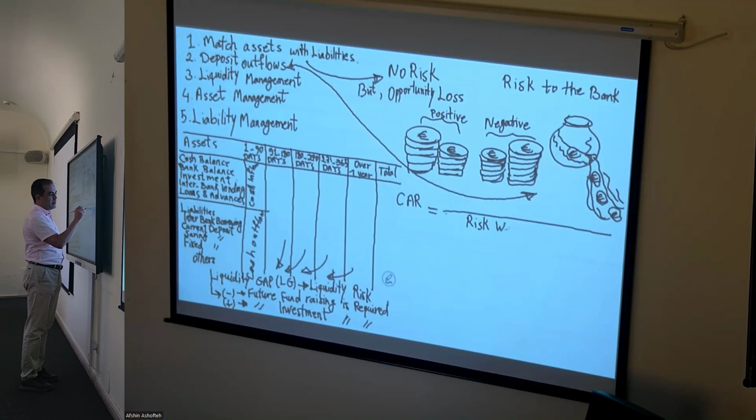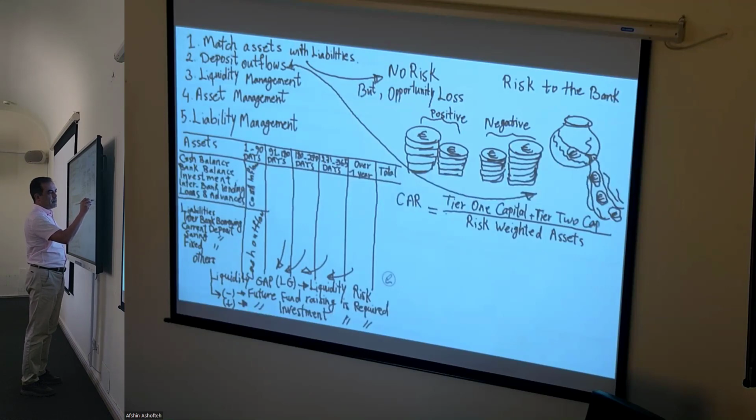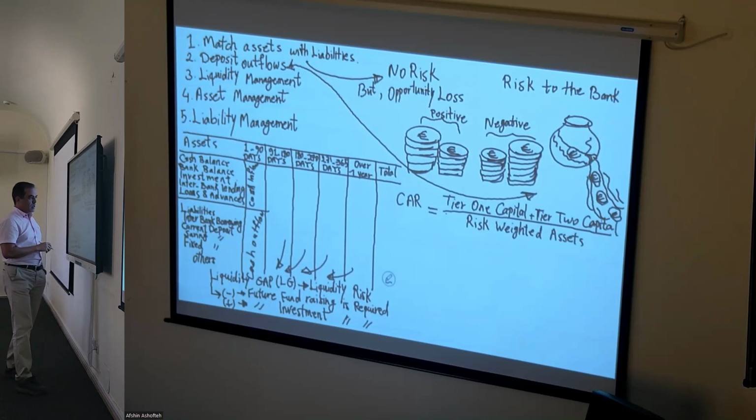So the risk weighted assets, we must have enough capital plus tier 2 capital, so the capital that we have in the balance sheet should be able to cover the risk that might arise from all the activities that are important to be managed in the bank.